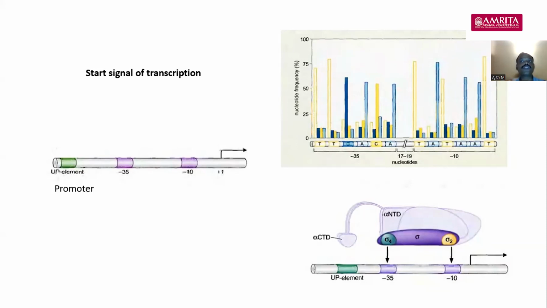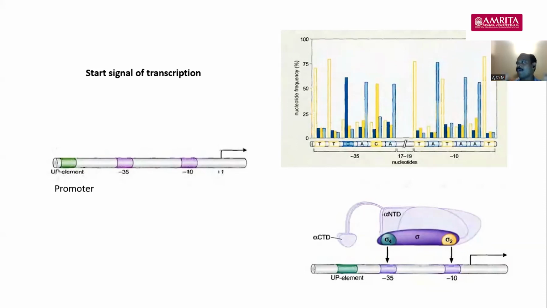Consensus, the genes seem to agree to these structural features. So these are called consensus sequences. They have some consensus pattern. So very quickly, let me tell you what those consensus sequences are. What is the pattern that you see in the start point? How does the transcription machinery know where to start?